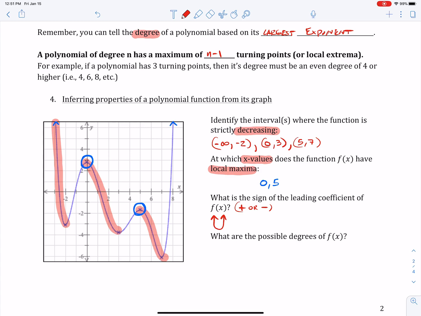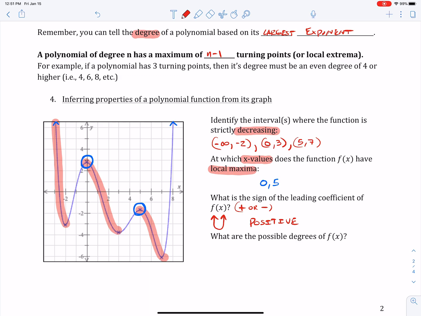The question is, do we have that? Well, we do have that. Look where our arrows are pointing: an arrow pointing there and an arrow pointing there. So it's giving us almost like a parabola-looking shape, and I'm doing air quotes for that. But we see it's going in a positive direction. Thus, the sign of our leading coefficient of f of x will be positive.